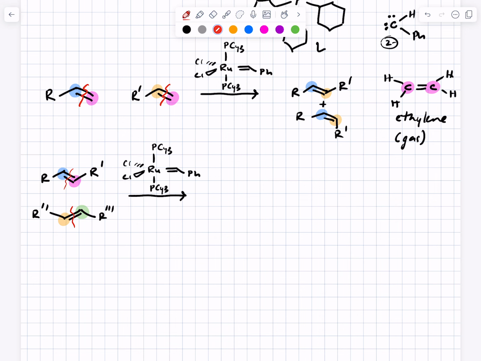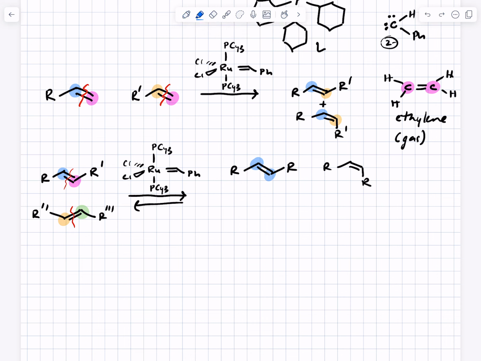And they're going to be in equilibrium with the starting materials. So that means I expect a product where the blue carbons are bonded together, and I also expect to get the cis version of that.